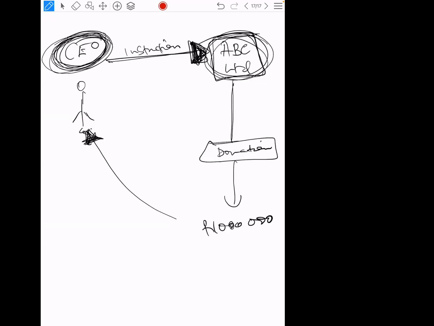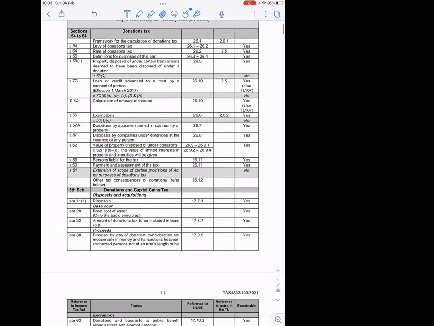Sure. So another implication, right? This one is very easy. This one you can also do. Value of property disposed of under donation. Remember what we said, straightforward. The value of the property disposed of under donation is the fair market value, simple.